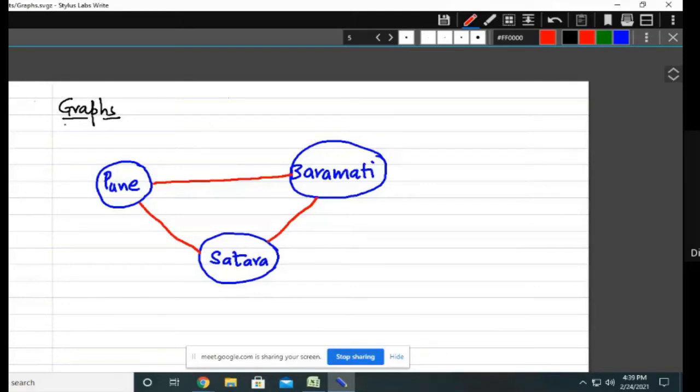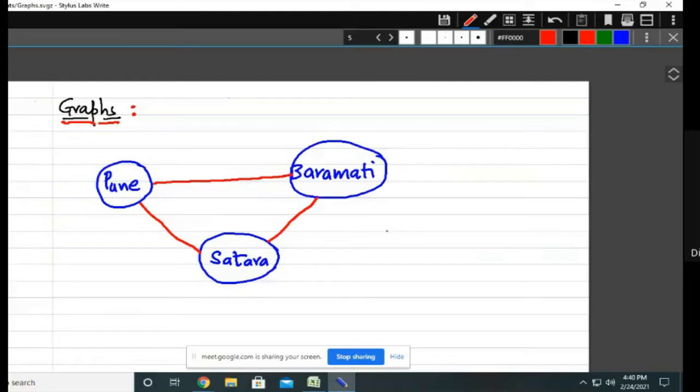There are many applications of graph. We will see that as we proceed with the course, but to start with, let us understand it in a simple way. So as you can see, this is one example of a graph. There are basically two entities.